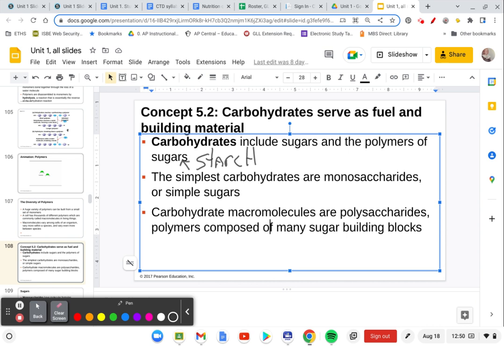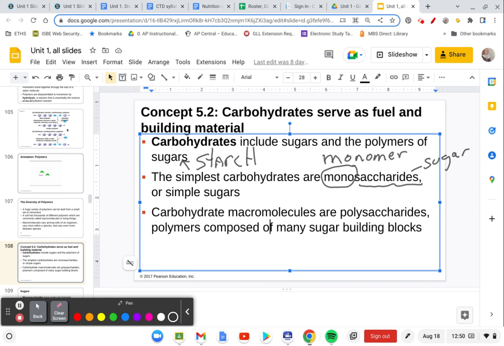The simplest carbohydrates, remember we talked about what a one unit, one building block would be, and we said it was a monomer. And the monomer of a carbohydrate is called a mono, and then saccharide, and saccharide refers to sugar. So we're saying here that it's one sugar. Okay. The simplest one you can have is a monosaccharide.